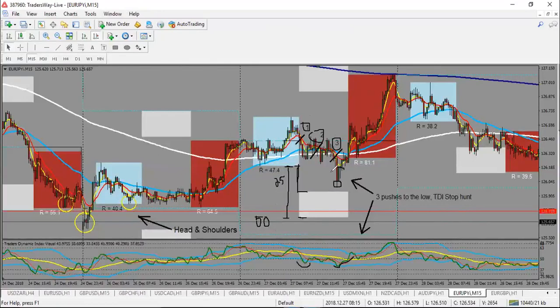And notice how it happens around 5 a.m. New York time, almost going into the New York session. This actually happens later, around 7 a.m. New York time. Notice that most of the trades that we take are always going to be in between the blue box and the red box, which is London session.